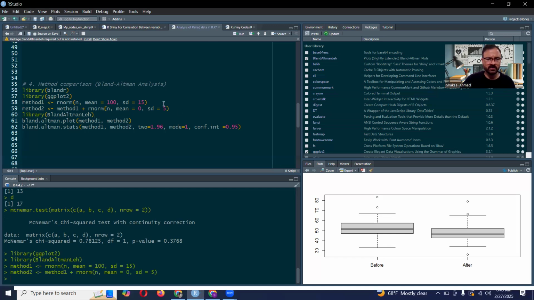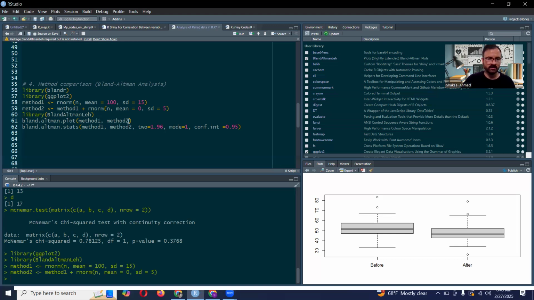The two datasets were generated using the normal distribution with mean 115, and the second was just method 1 plus a random error with mean 0 and standard deviation 5. So we apply the Bland-Altman plot to check whether there is an agreement between the two methods or not.